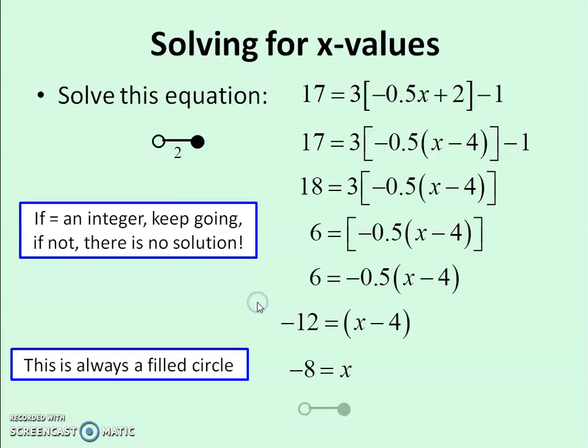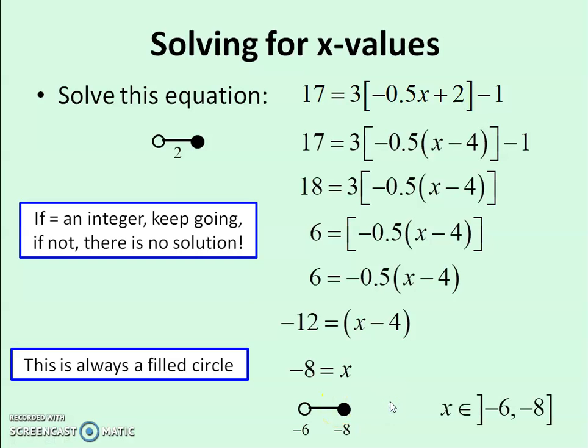So what I have found is that in this step length, where this function is equal to 17, this value is negative 8. I know that the step opens to the left, and I know that each step has a length of 2, so this other endpoint would have to be negative 6. And every value in between would give me a y value of 17 as well.